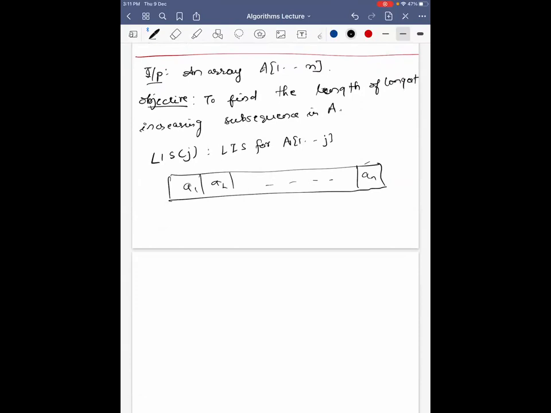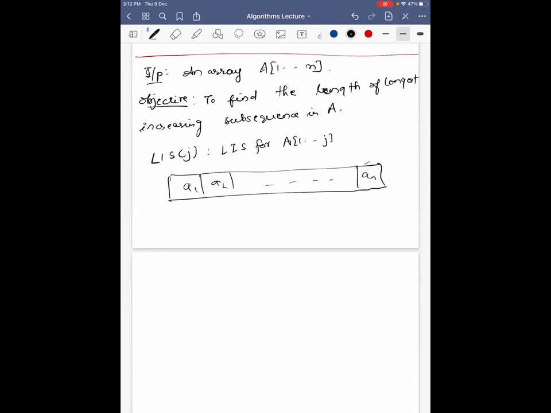So we did try something like this before, right? If we just sort this array and find the longest common subsequence with the original, that would be the longest increasing subsequence from A, and then we can just find the length of that.